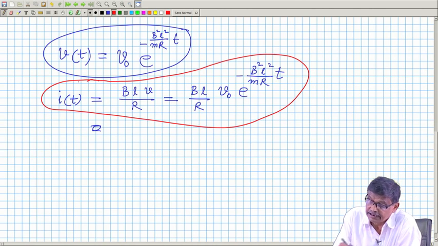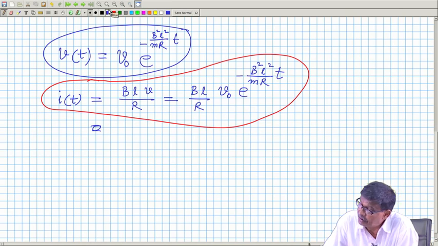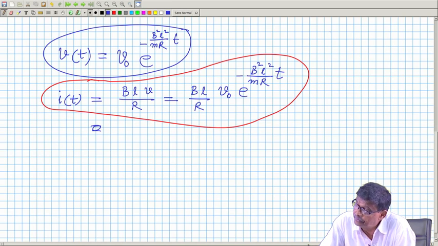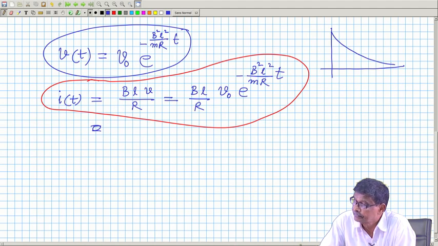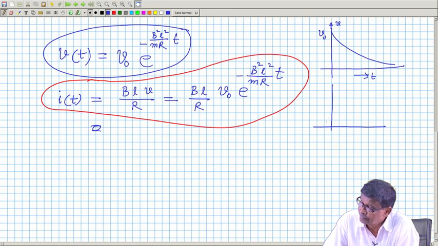So both velocity and current, if you sketch, will decay down to 0. This was the velocity of the conductor, this is time, and this is the current.